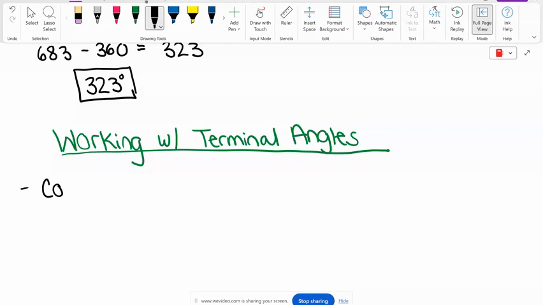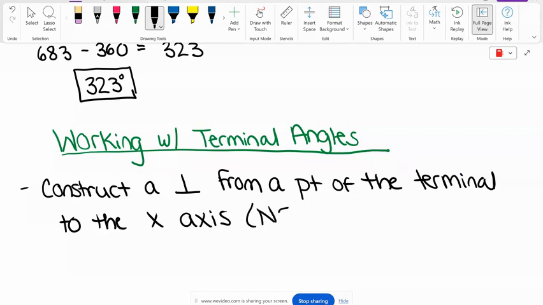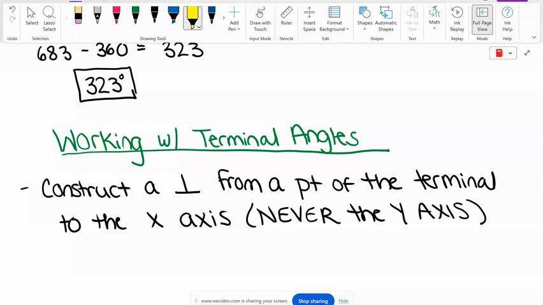What we're going to do is construct a perpendicular from a point of the terminal side to the x-axis. And I'm going to put in parentheses, never the y-axis. So your perpendicular is always only allowed to go to the x-axis, never the y-axis.